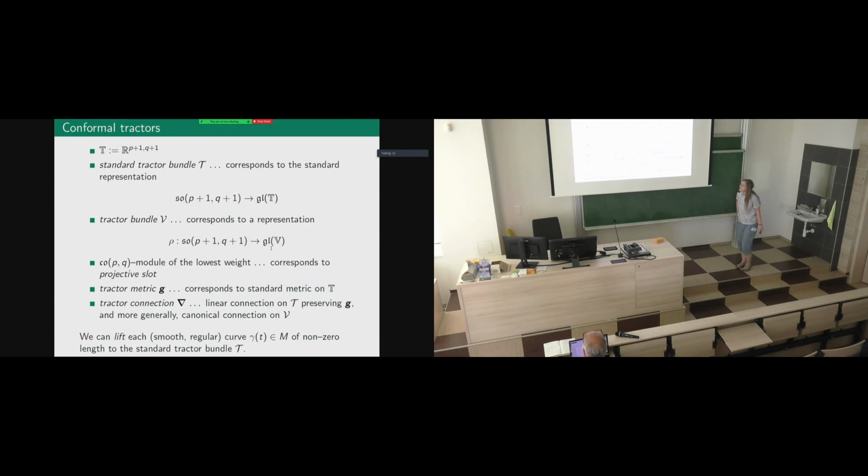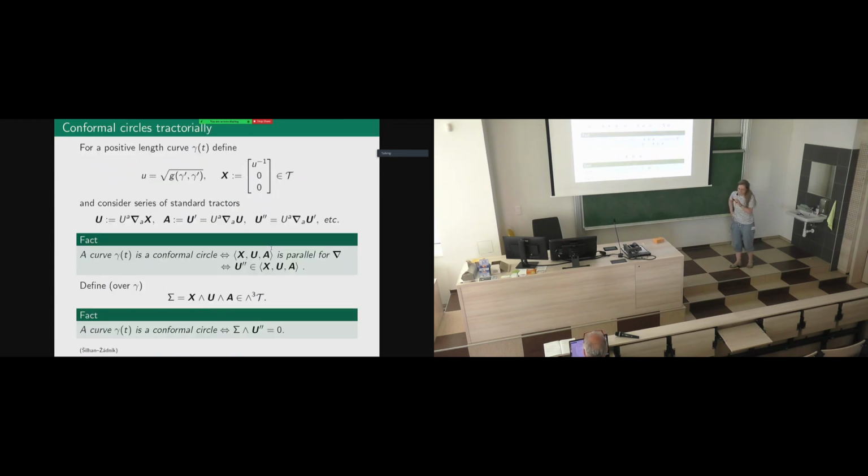The first observation about curves is that we can lift each smooth regular curve of non-zero length to the standard tractor bundle. This is some sort of summary of an observation, or at least I know this observation from Šilhan and Žádník, but they are much older, I would say. So for each curve we define U in this way.